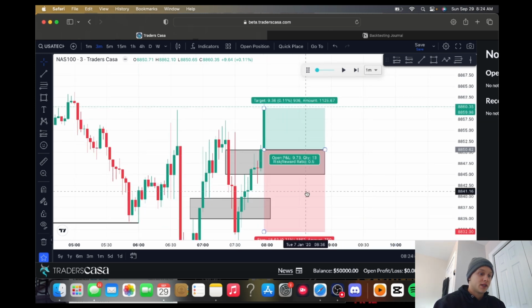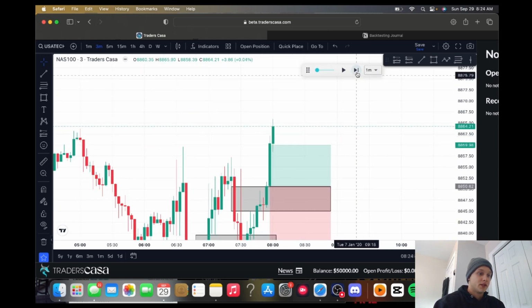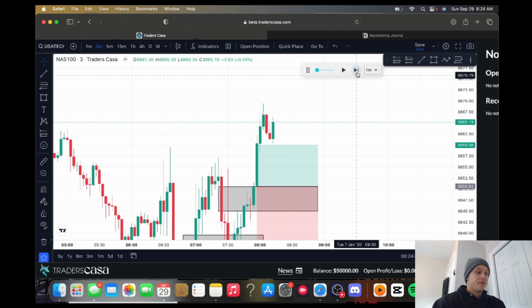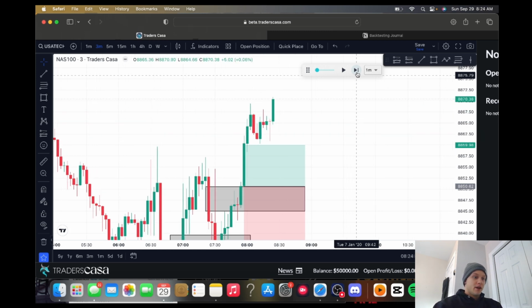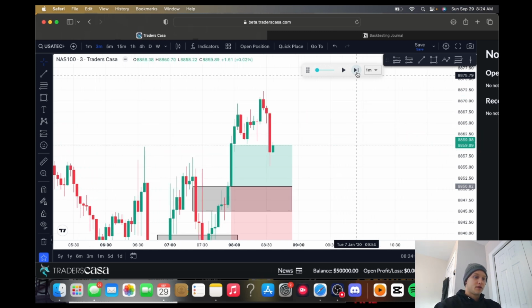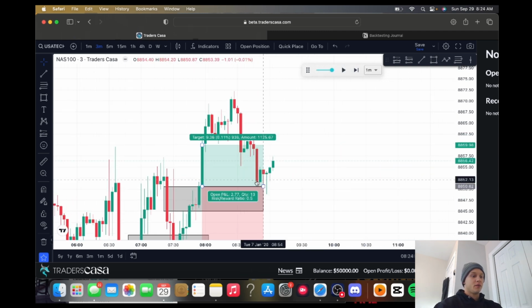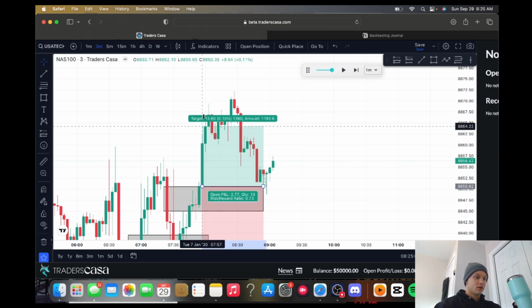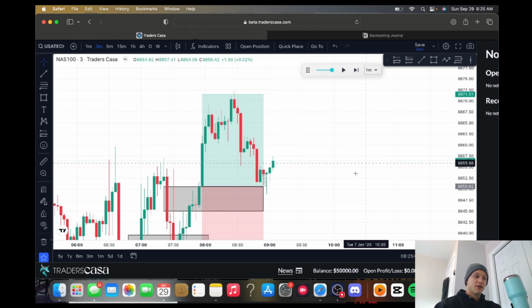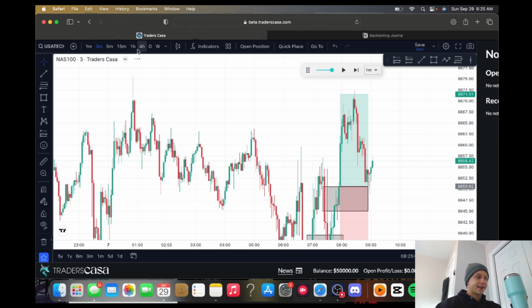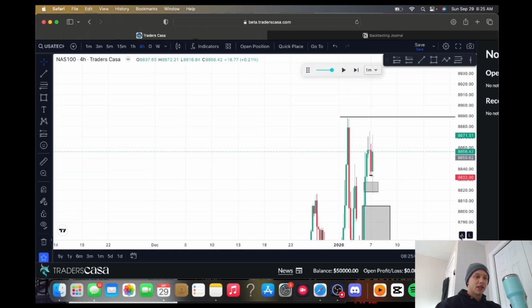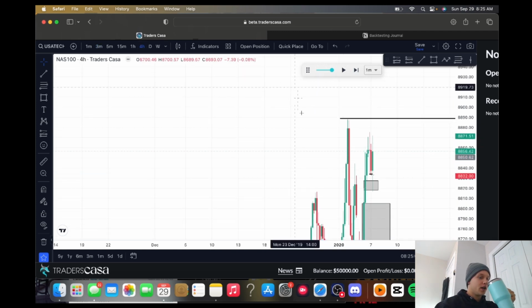That is disgusting. I would not have taken that whatsoever. But probably would have ran off. And you would have been out of break even anyways, so that's why you don't take those stupid trades. Still think these are the big draw on liquidity.